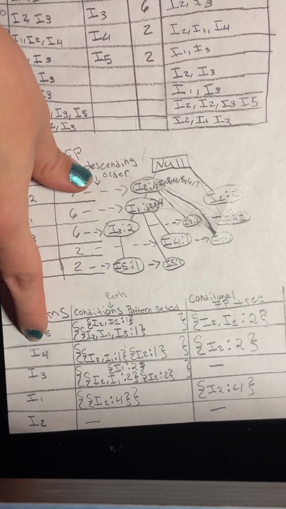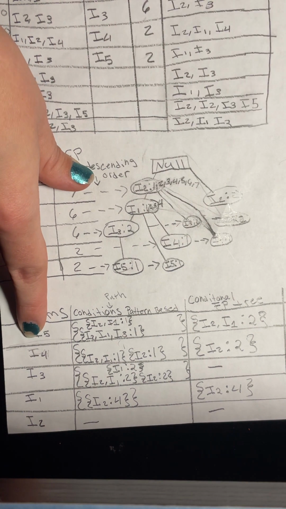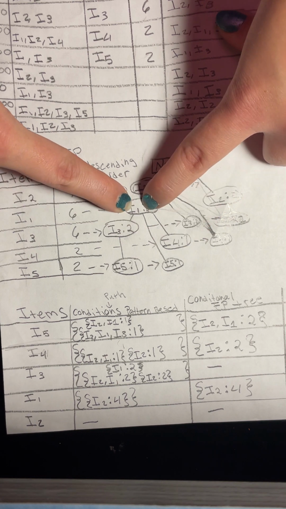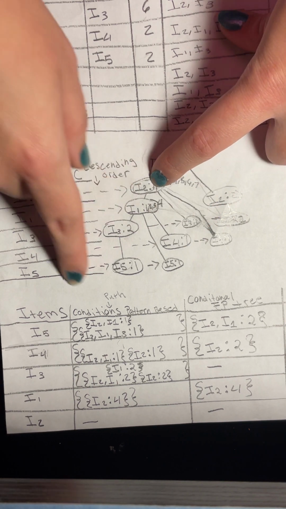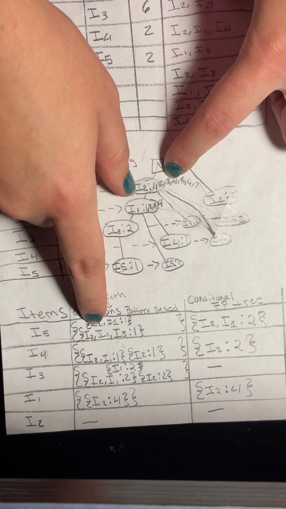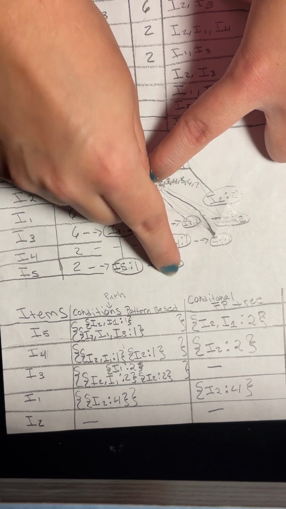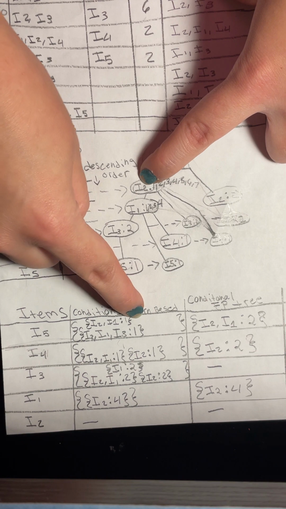So item 5, our path, we have 2 paths to item 5. We start item 5 here, then we go up to item 1, then we go up to item 2. So you can see that here. You can see that item 1 and 2, because we took 2 to 1 to 5, and that ends in a 1, so that means our path ends in a 1 here.